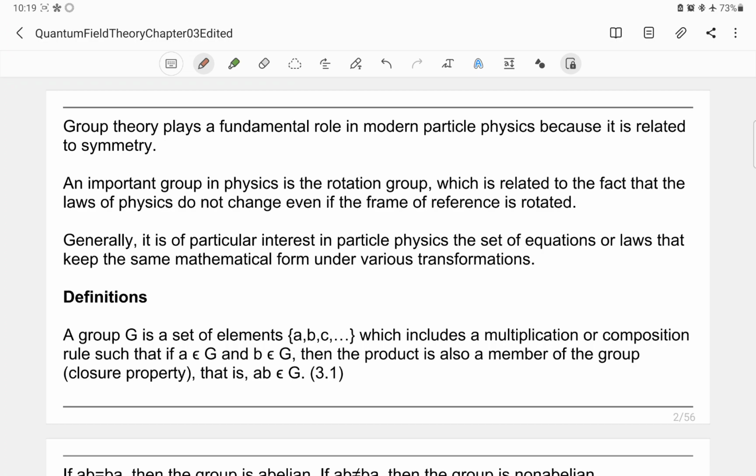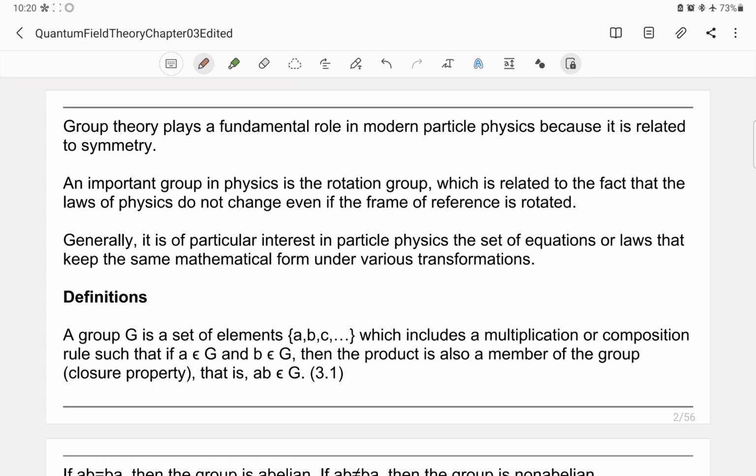For example, an important group in physics is the rotation group, and it is related to the fact that the laws of physics don't change if you rotate your frame of reference. In general, what we are after is a set of equations or laws of physics that keep the same mathematical form under various transformations.